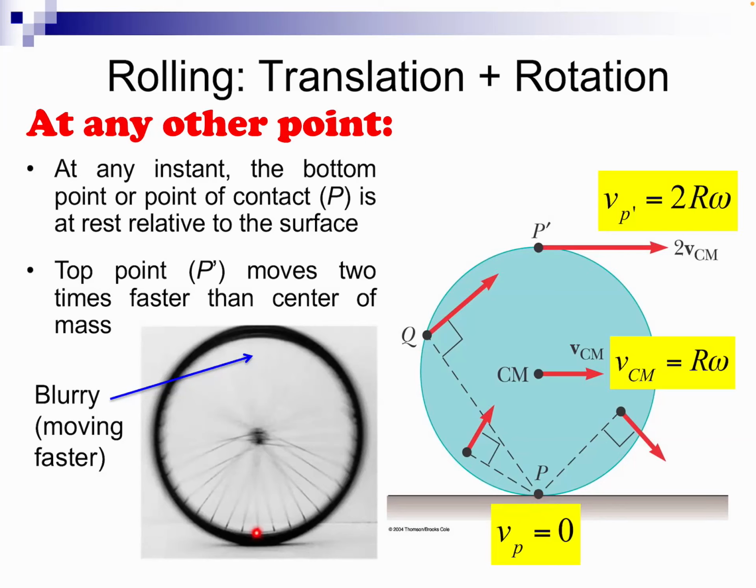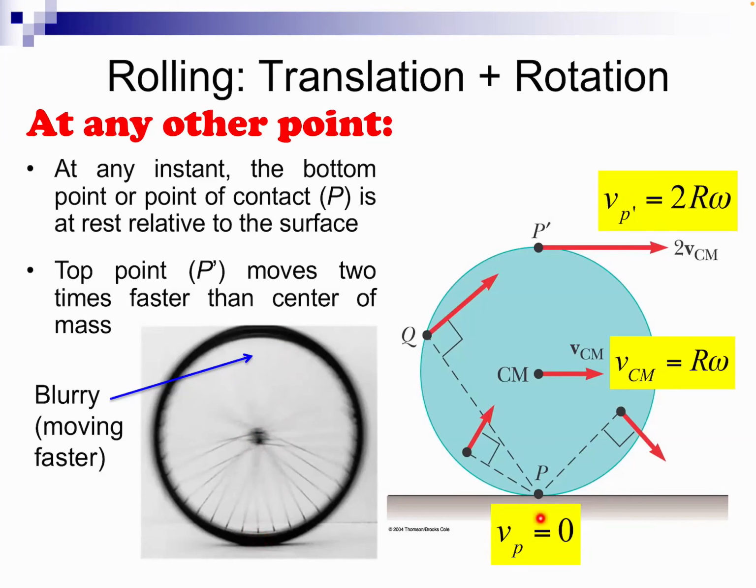This picture here shows some illustration where, at the top of the wheel, it's quite blurry. And we know that fast moving objects result in blurry pictures. So this shows us that at the top of the motion, the wheel is moving faster compared to the center of mass, and at the bottom, the wheel is almost stationary.